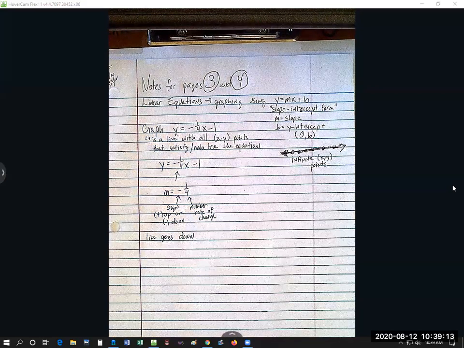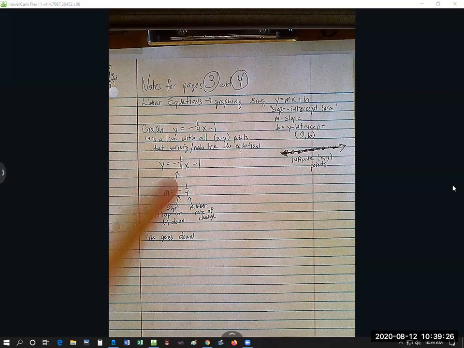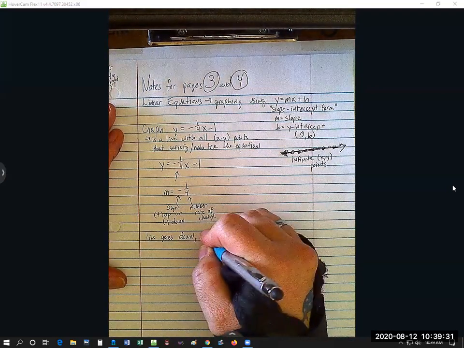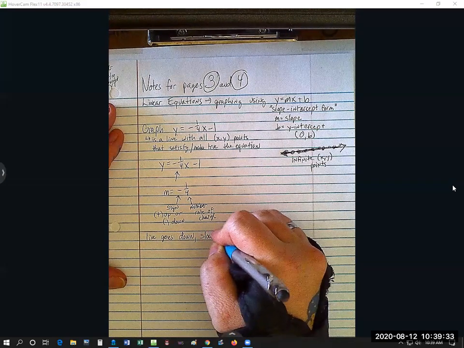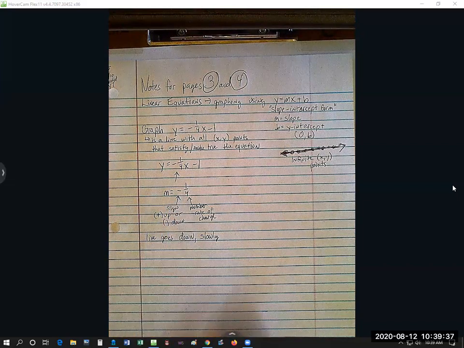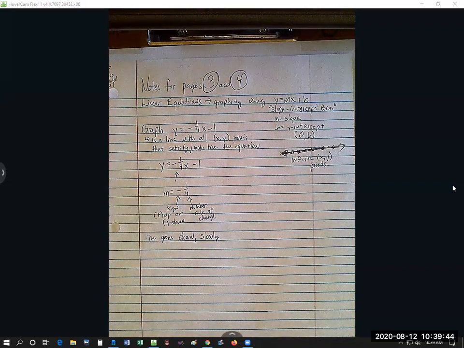And when you're going down a hill, if you go down a great distance very quickly, that's going to be a big number. But if you're going down a hill very slowly, that number will be very small. So because the number is small, it's going to go down slowly. And we can tell that just by looking at that negative 1/4 as the slope. The negative says it's going to go down. The 1/4 is a small number. It's going to go slow.